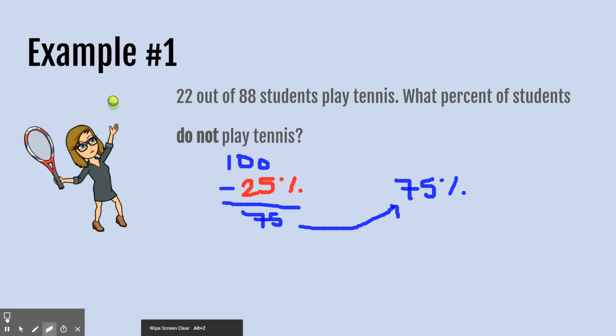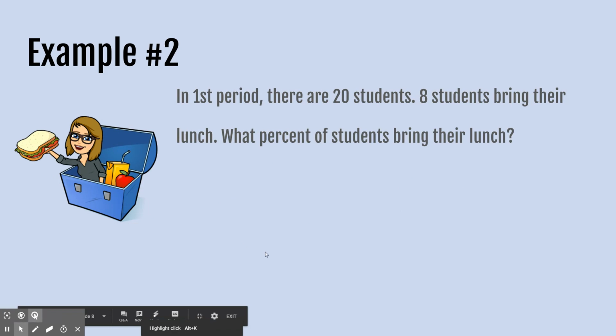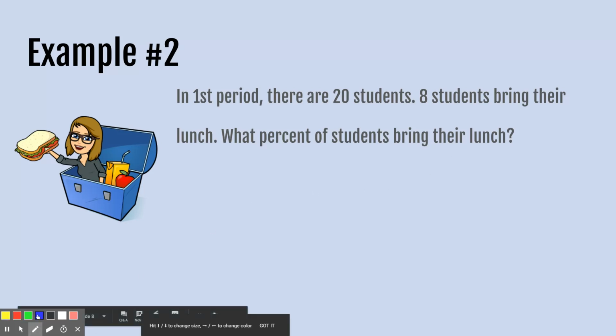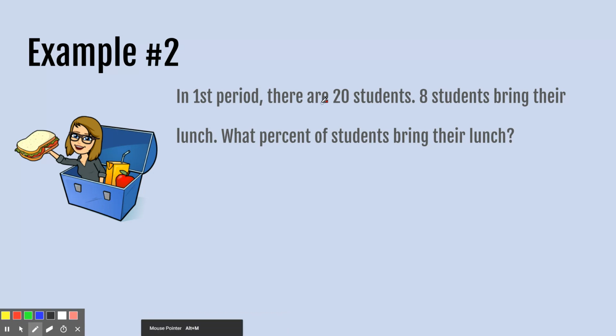So let's say in first period there are 20 students and 8 students bring their lunch. What percent of students bring their lunch? So I know that there are 20 students in first period. That would be the whole. Out of that whole, 8 of them bring their lunch. And I want to know what percent of students is that.